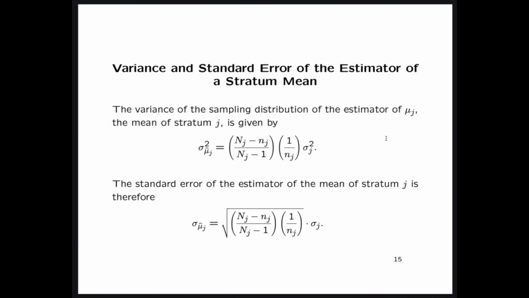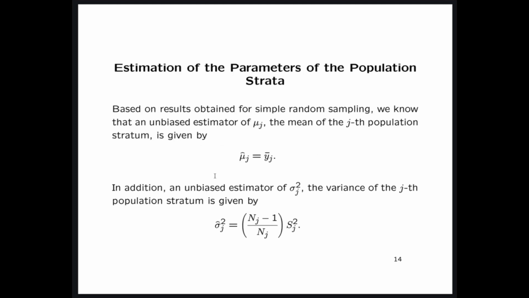All right, now let's talk about the variance and the standard error of the estimator of the stratum mean. Now, what does that mean? Well, let me go back one slide. This quantity here, mu hat sub j, is the unbiased estimator of the stratum mean. And so what we want now is to think about the variance of that estimator.